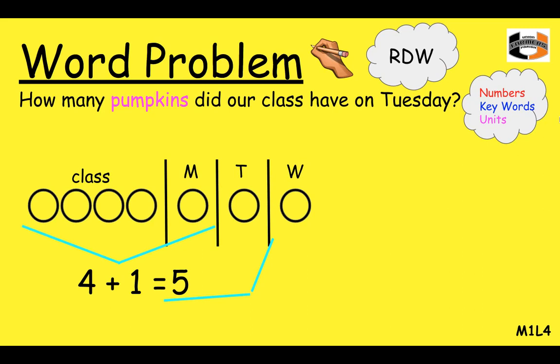Okay, so we're going to take that total from Monday and we're going to add one more. 5 plus 1 equals 6. So that's how many pumpkins we had on Tuesday.